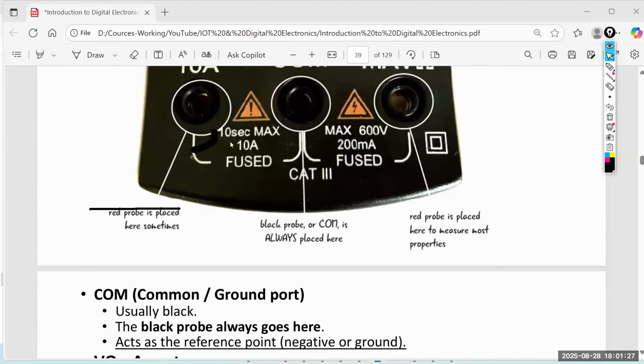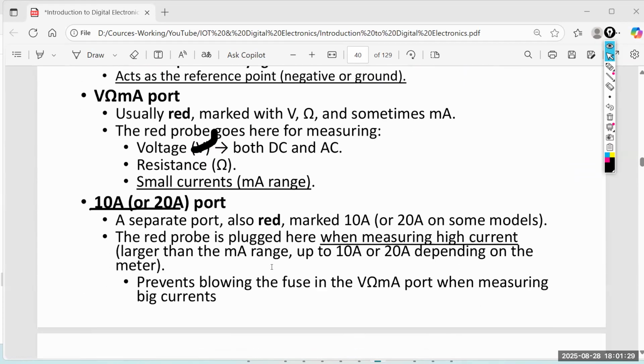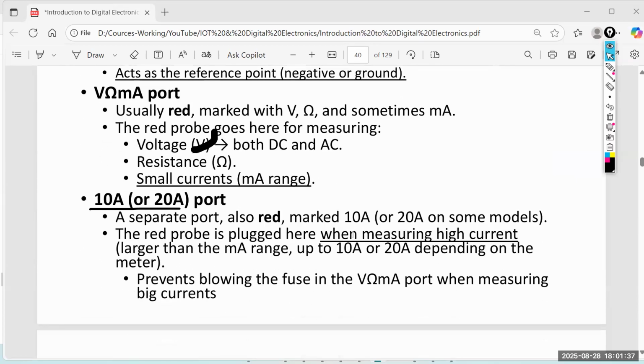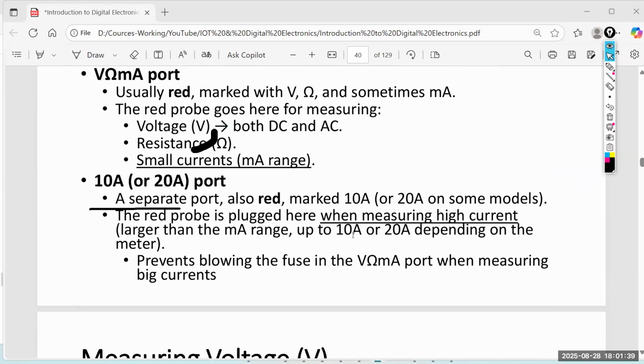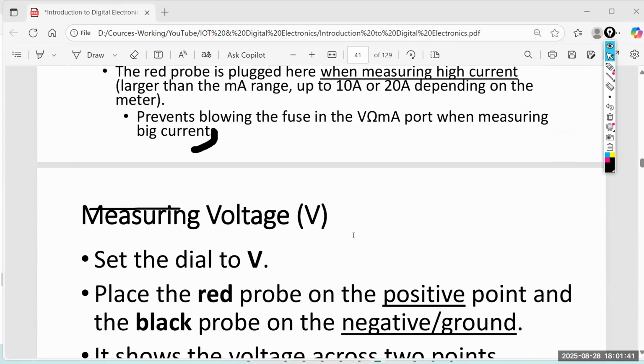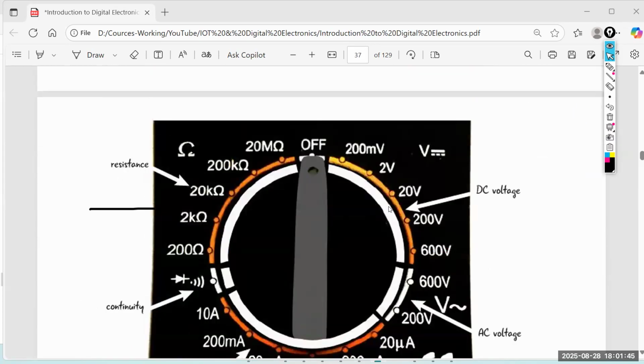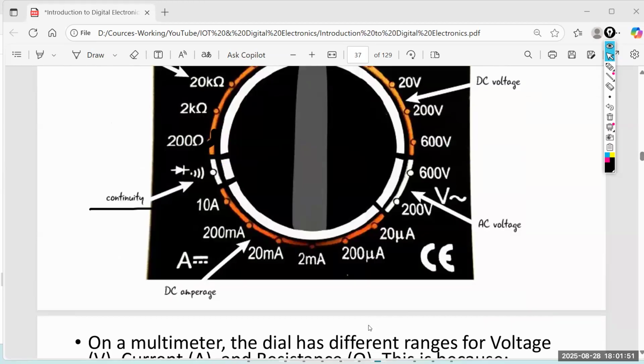Or you connect to here, that means your expected range is somewhere around 10 ampere, 20 ampere or higher. That is how you decide. Then of course you set it to the correct area, whether you measure voltage, resistance or current.